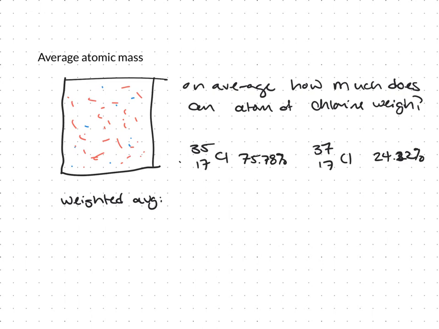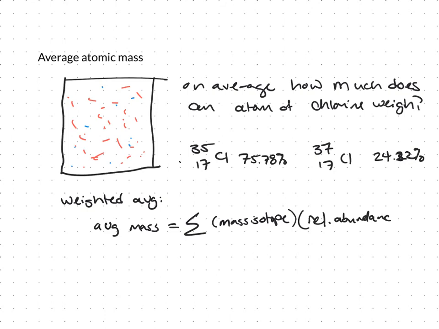The average mass is going to be equal to the sum of the mass of the isotope times its relative abundance. You want this abundance in decimal form, by the way, not percentage. We do that for each isotope, and then we add them together, and we're going to get an average mass.